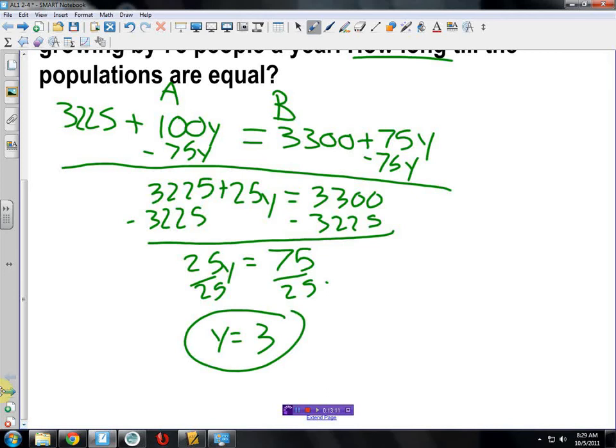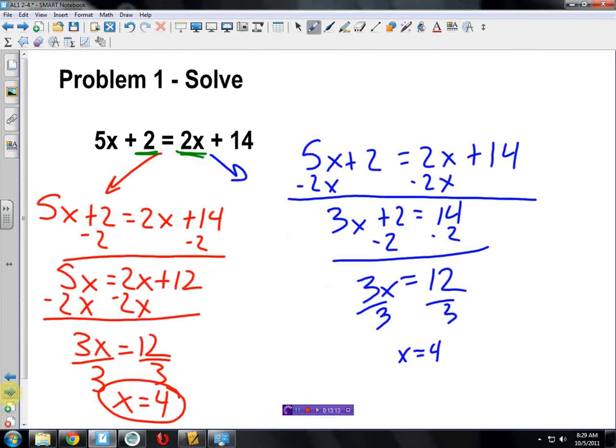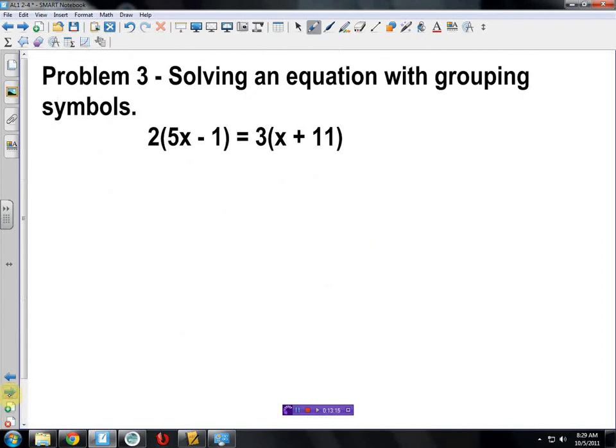All right, so let's go forward. This one. A little bit uglier, right? So does anybody have any ideas what we should do first? Distribute. Vlad. Distribute. How many times am I going to have to distribute? Twice, right? Remember, with the parentheses, it means distribute.